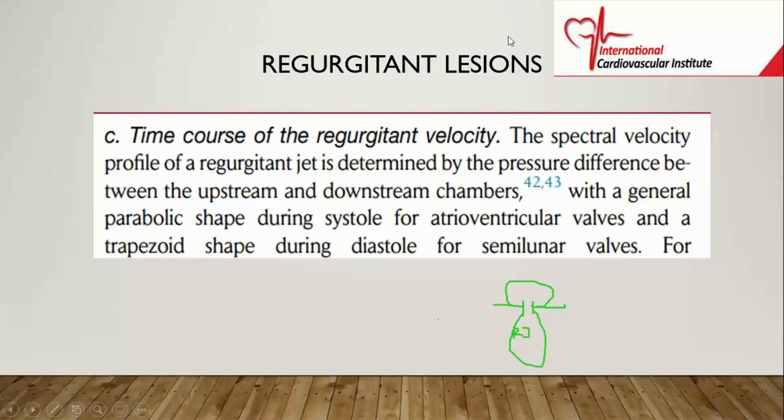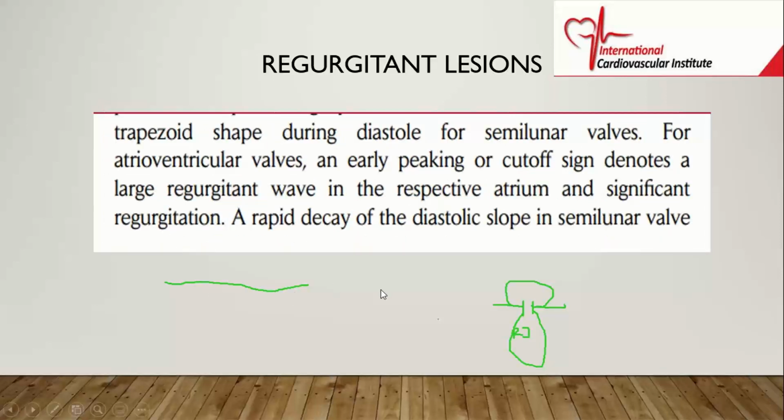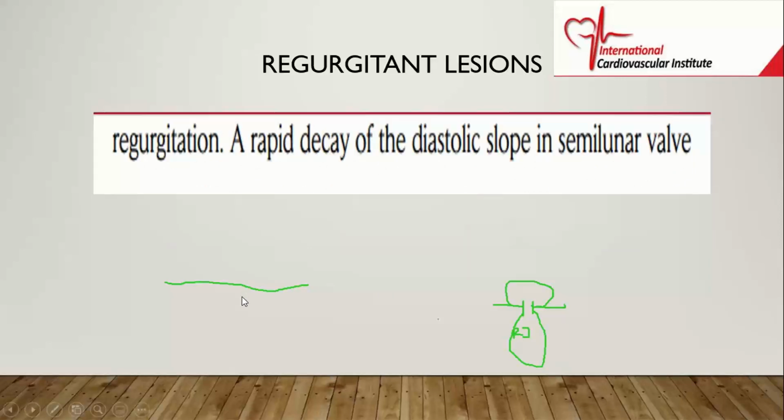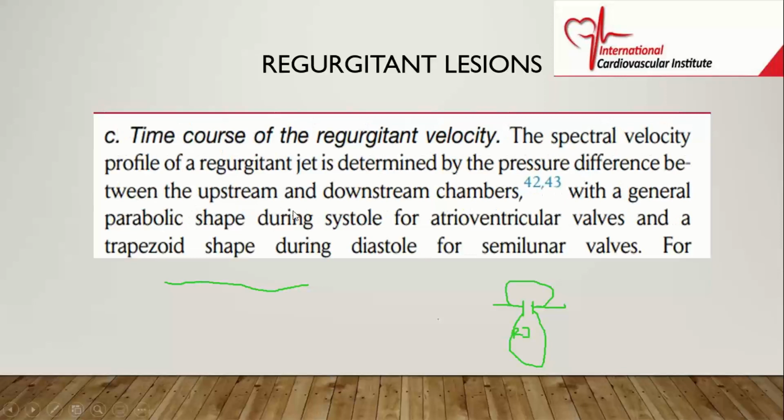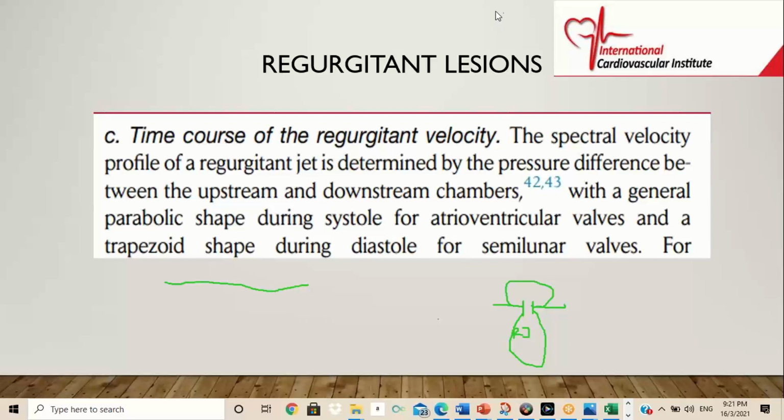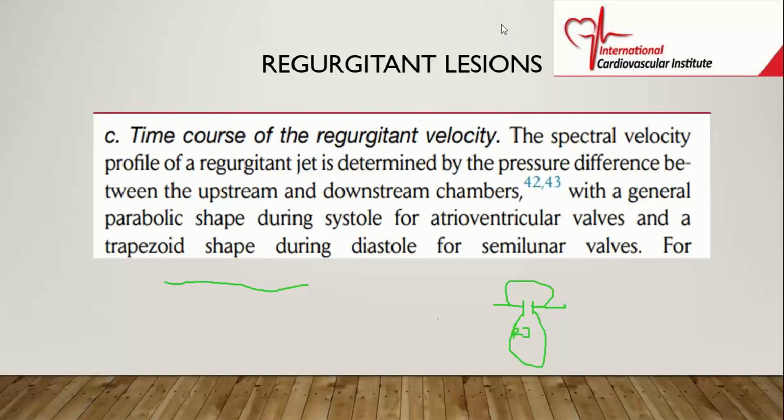Let's just draw that. If we talk about mitral or tricuspid regurgitation, the spectral envelope looks something like that, usually.